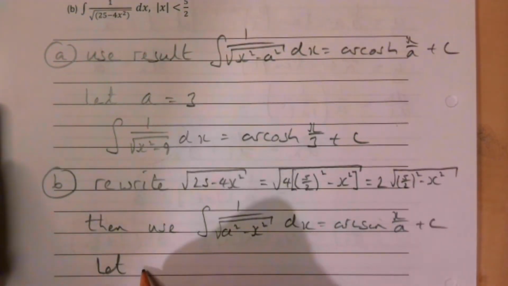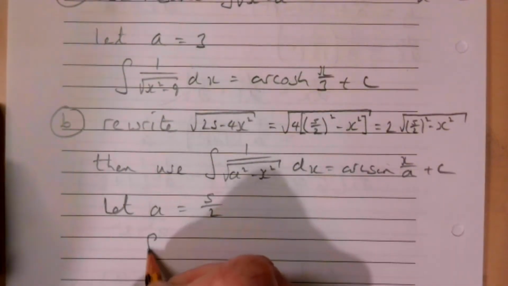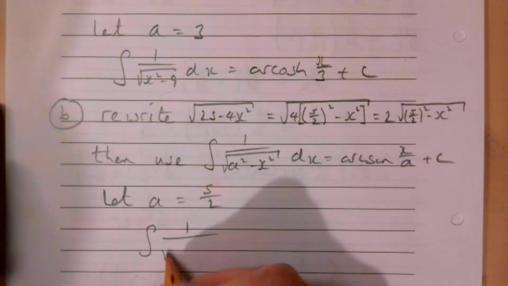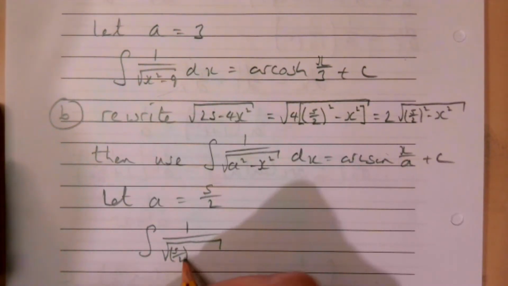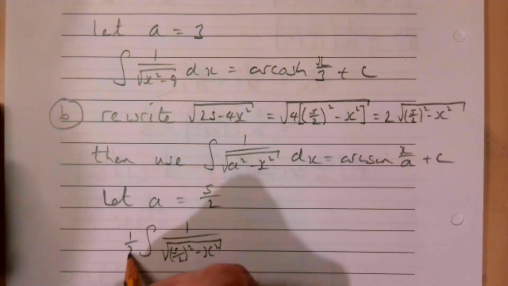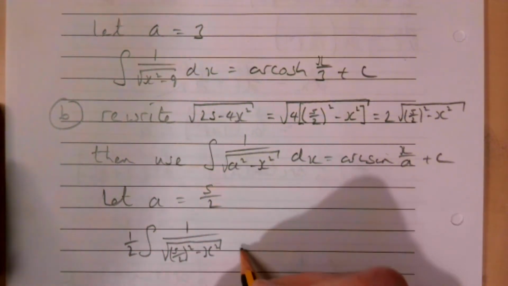If we let our a equal 5 over 2, then the integral of 1 over 5 over 2 all squared minus x squared, with our half out the front, because we need our half out the front, dx.